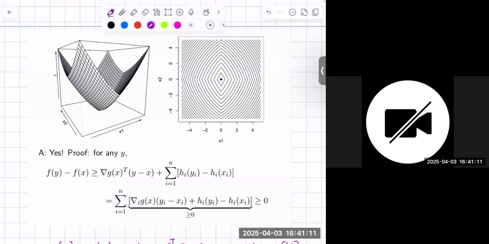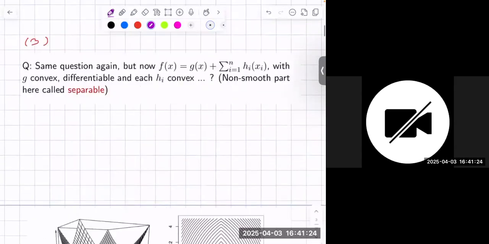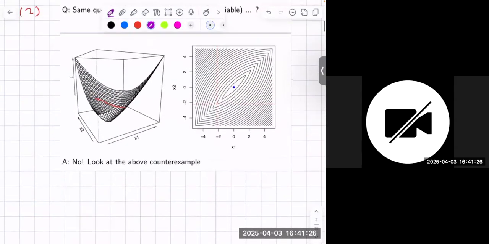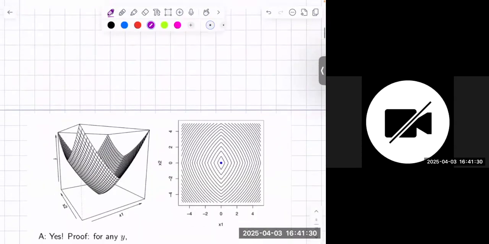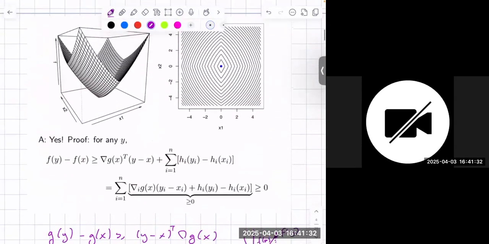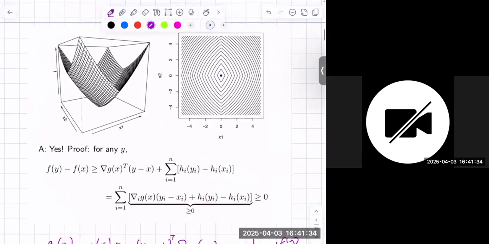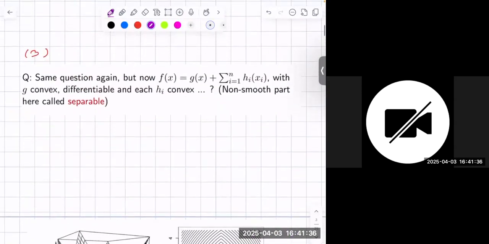What is surprising here is that we got away with still having non-differentiability, but the non-differentiable part was very specific. It was coordinate by coordinate. So in the previous example, when we lost differentiability, we lost the guarantee. Here, we still don't have differentiability. Your function f as a whole, this guy right here, is not differentiable. Only this part is differentiable.